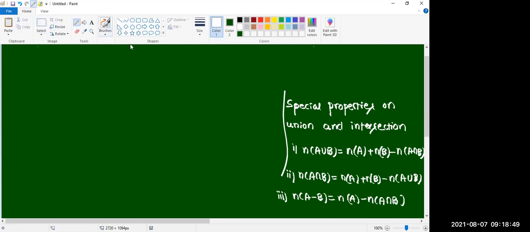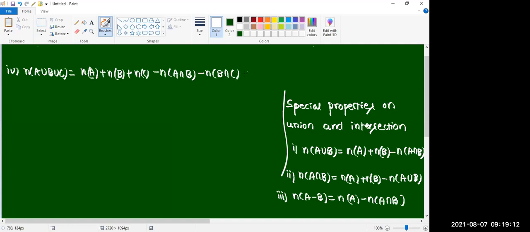Next, fourth one is n of A union B union C equal to n of A plus n of B plus n of C minus n of A intersection B minus n of B intersection C minus n of A intersection C plus n of A intersection B intersection C. Using the n of A union B formula only, we can find that one.